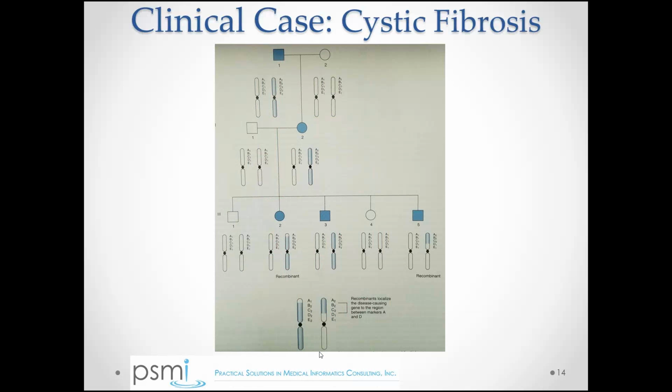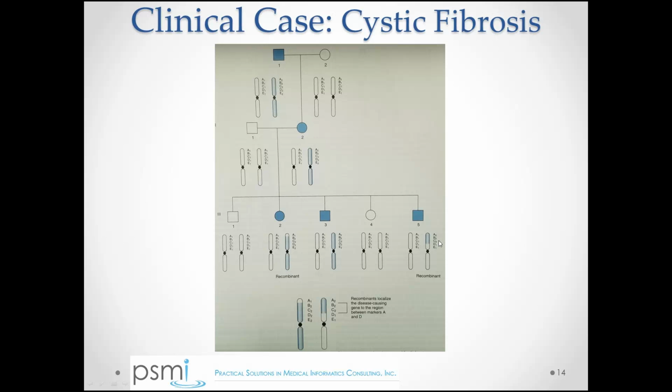And if we look at another picture, I know this is kind of small, I hope you can see this okay, this is an example of a family tree showing how linkage disequilibrium allows one to narrow down the region where we might find a causative gene. It is not necessarily going to tell us exactly what the causative gene is.